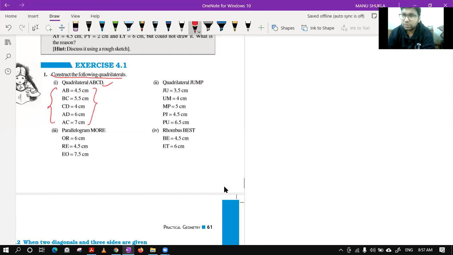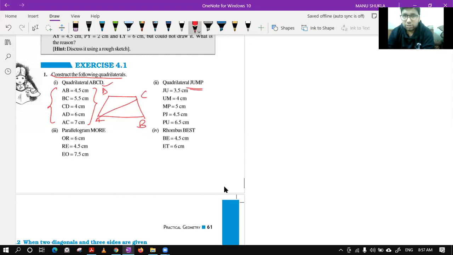The best way is always to draw the quadrilateral. Okay, so A, B, C, and D. So AC is the diagonal, and remaining sides you know. Always try to make a rough diagram first, and then only proceed for the main construction.